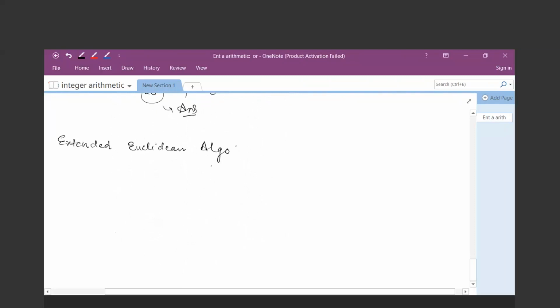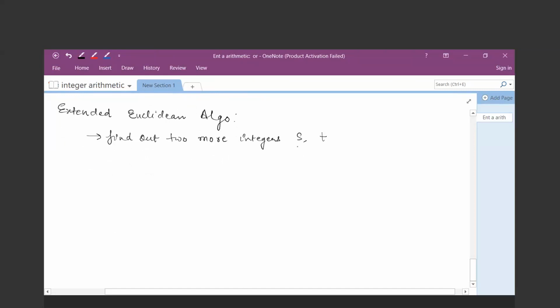The basic difference between the Euclidean algorithm and the extended Euclidean algorithm is that in the extended Euclidean, you have to find out two more integers, that is S and T.